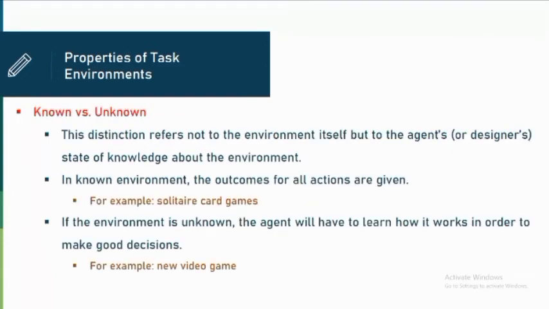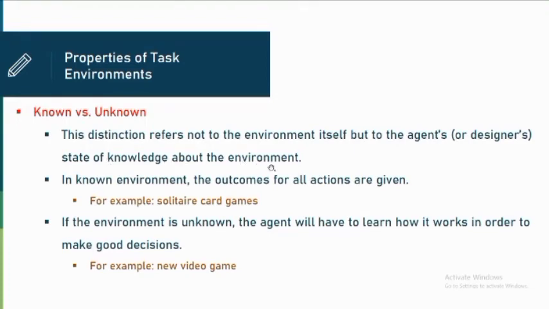Next environment is known versus unknown. Known means the agent knows the environment. Unknown means the agent does not know the environment. This distinction refers not to the environment itself, but to the agent's state of knowledge about the environment.